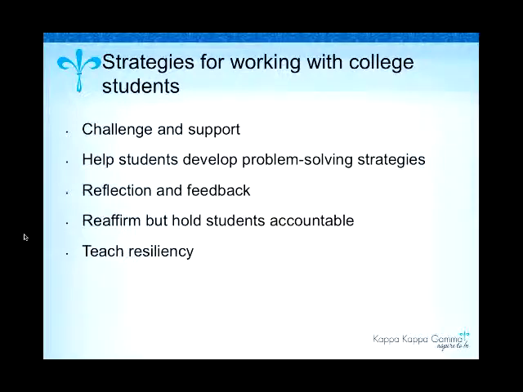Help them think about, why did I do what I did? Why did we respond the way we did? And what does that mean? And then provide them feedback to help them evaluate the situation, and maybe see how they could have handled it differently, and then what they would do in the future.